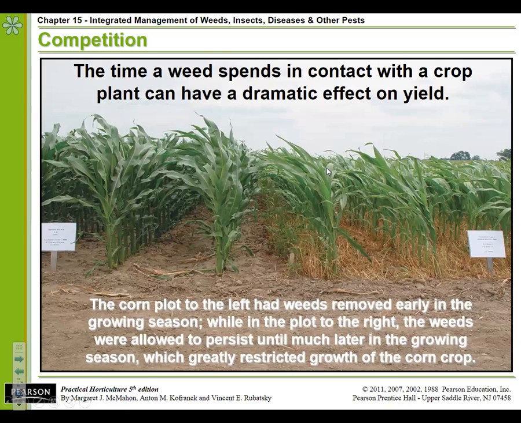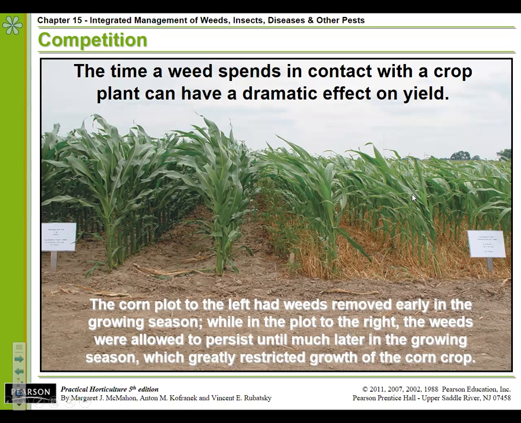And here's just an image depicting corn plots and just getting a visual there of what weeds can do. So the best thing you can do on the control of competitive plants is get them early. On the left, they were removed early in the growing season. In the plot on the right, they're restricting the growth of the corn crop.